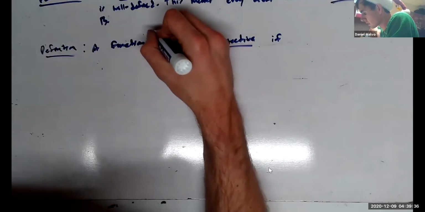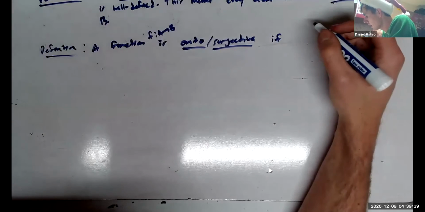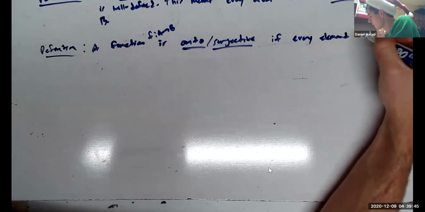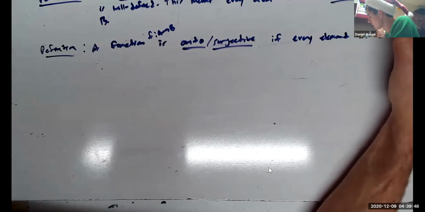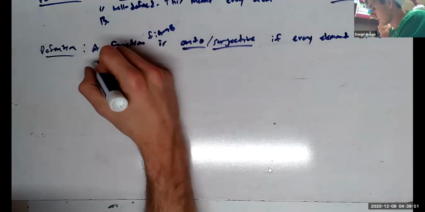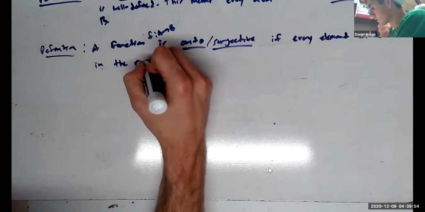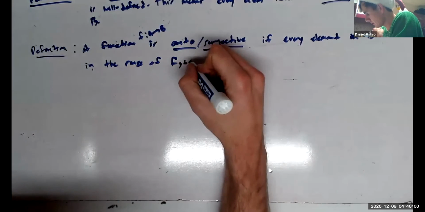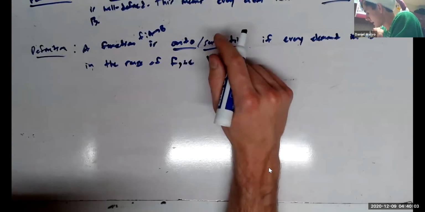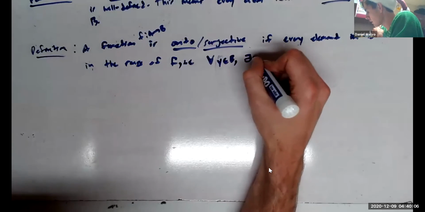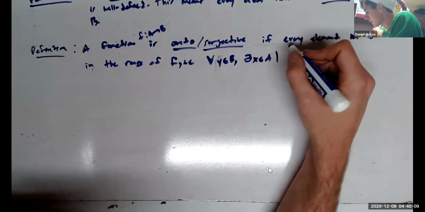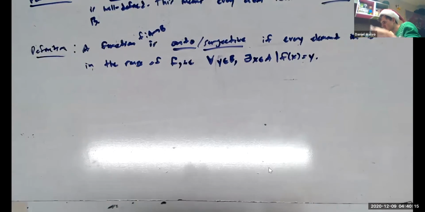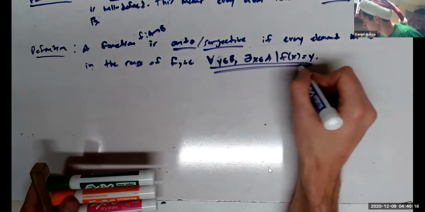A function f from A to B, if every element in B is in the range of f. So we're saying that every element of B gets hit, i.e., for all y in B, there exists an x in A such that f of x equals y. So to prove a function's onto, we need to prove this right here.